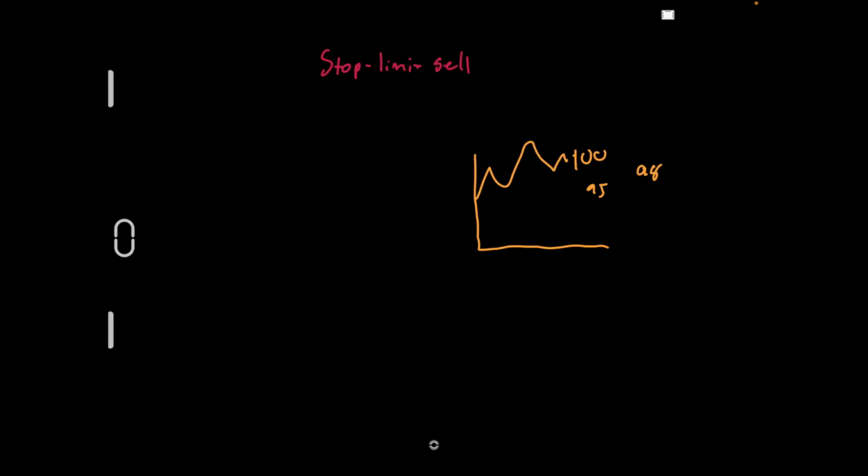So when the stock hits $95, your limit sell will be triggered, and now your sell is a limit sell. So when it hits $98, you will immediately sell that stock to prevent you from losing a ton of money.